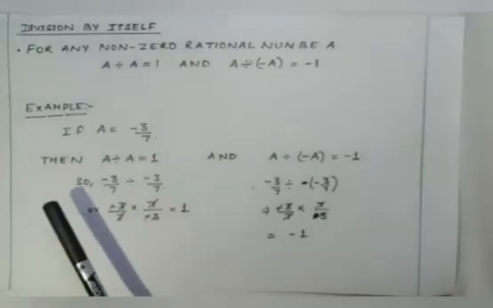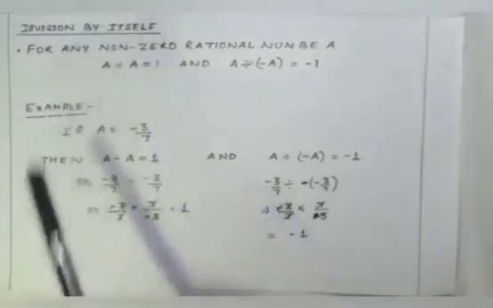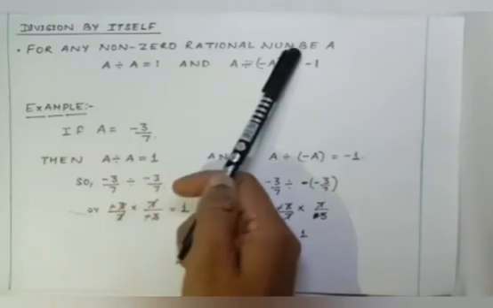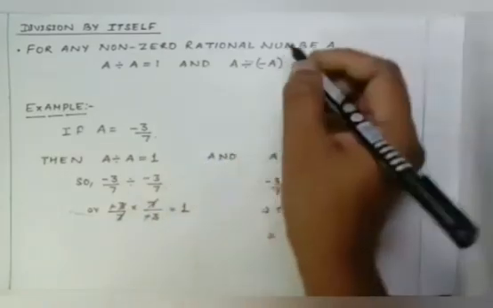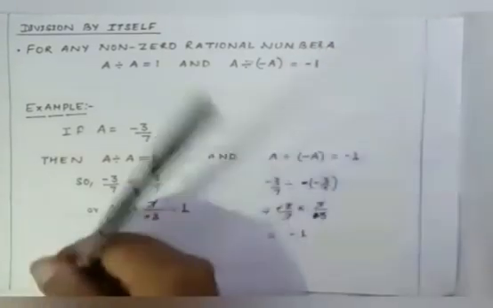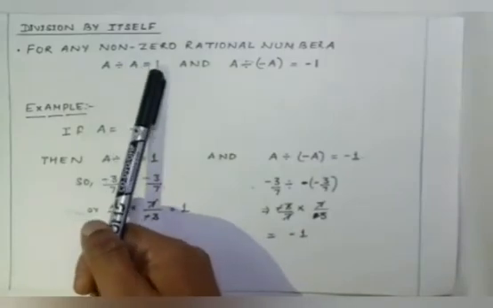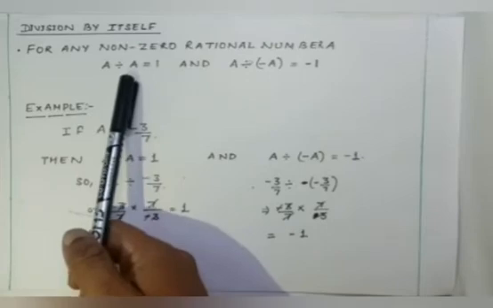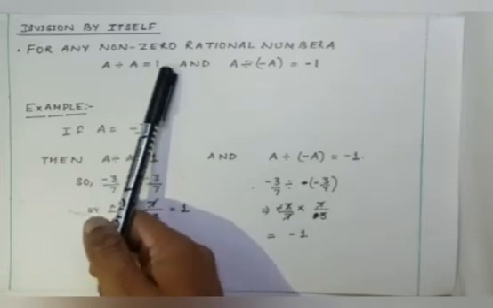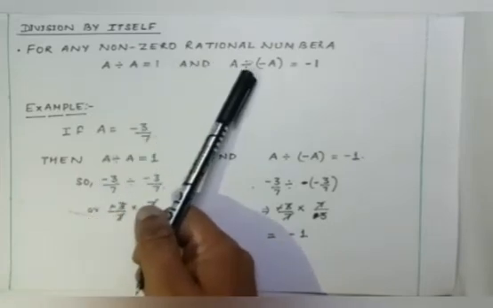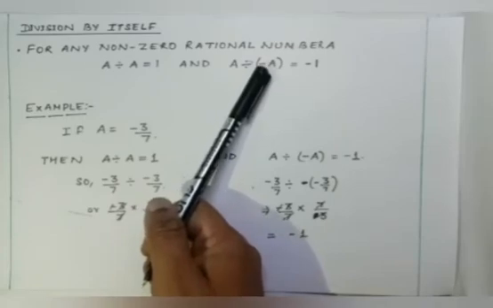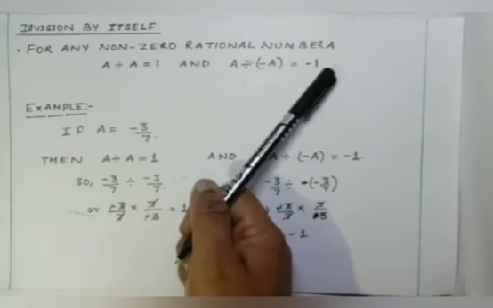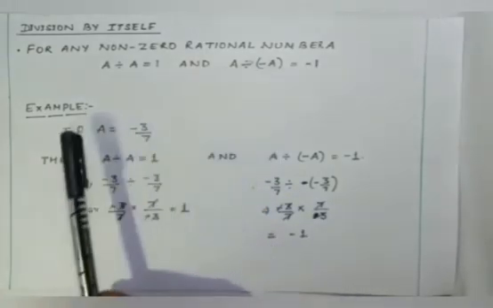Let us come to the last property, that is division by itself. What it says, for any non-zero rational number A, A divided by A is equal to 1. If any number is divided by the number itself, what is the answer? It will be 1. And A divided by minus A, the negative of the same number, then the answer will be minus 1. Let us take an example.